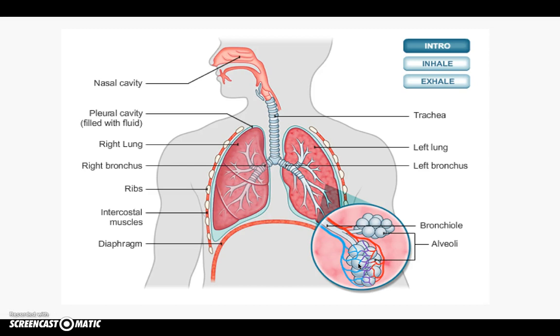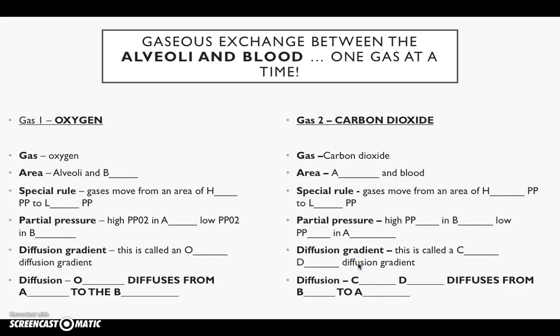And that's the process of gaseous exchange, which we're going to go through now in more detail, and hopefully give you the structure you need to answer a question. First of all, I want you to quickly look at this and fill in the blanks. So, gaseous exchange between the alveoli and blood. The reason I've highlighted the alveoli and blood is because that is the only place you need to know about when it comes to gaseous exchange.